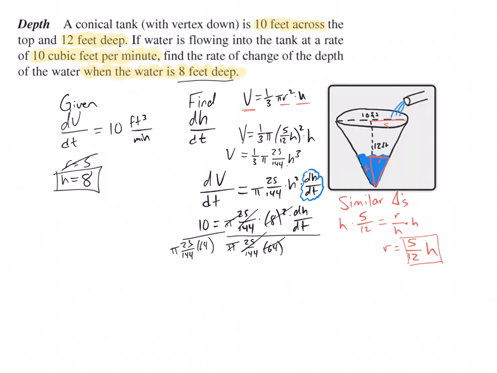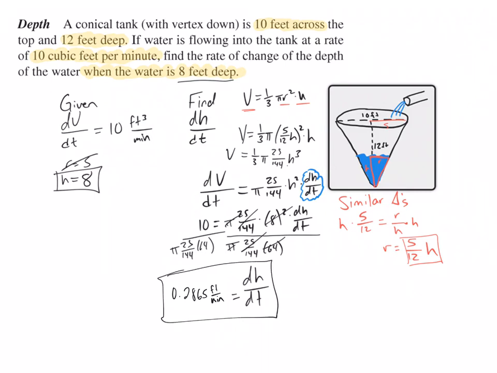So we have dH over dt is going to be equal to 0.2865. And height is just a linear quantity, so that's just going to be feet per minute. So we figure out that the depth is increasing at 0.2865 feet per minute.